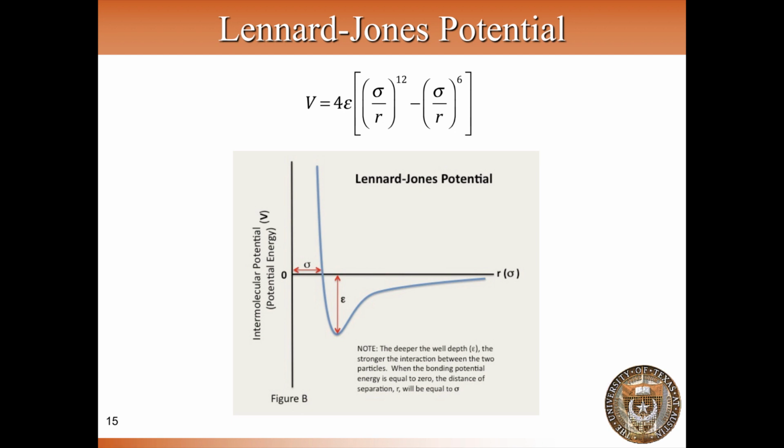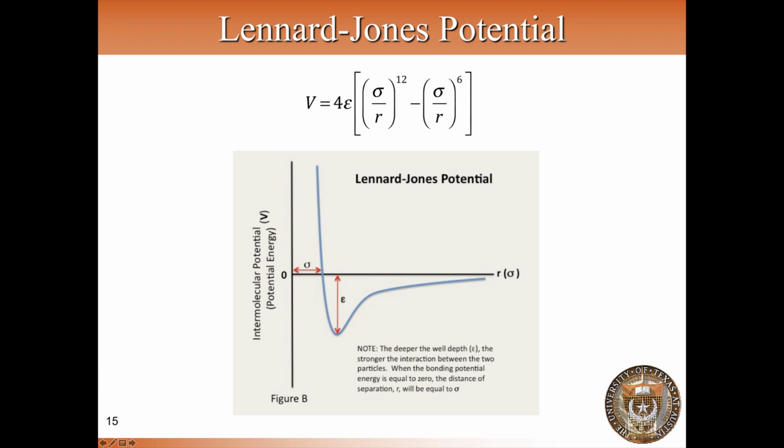Just as a reminder of what the Lennard-Jones well depth parameter is, this is the intermolecular potential energy between two like molecules, for example, two propane molecules or two hydrogen molecules, etc. And that potential energy of interaction is given by the blue curve here. And the attractive part is governed by this parameter epsilon, the so-called Lennard-Jones well depth.